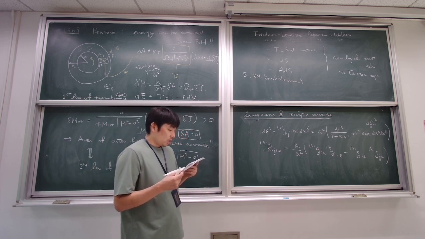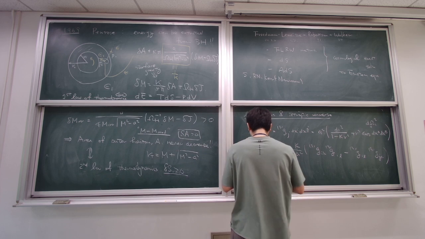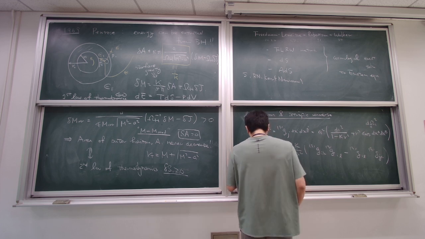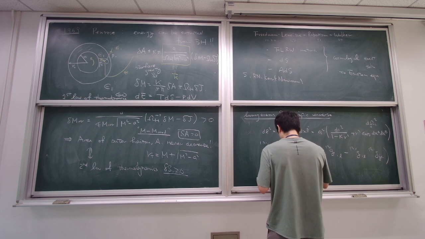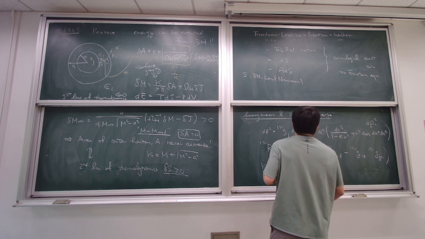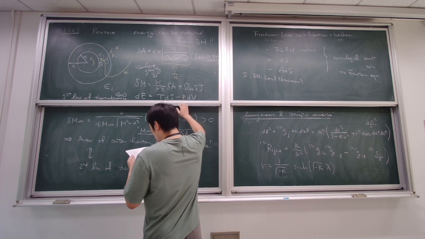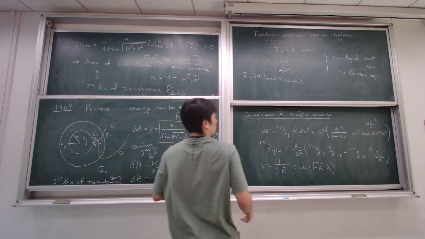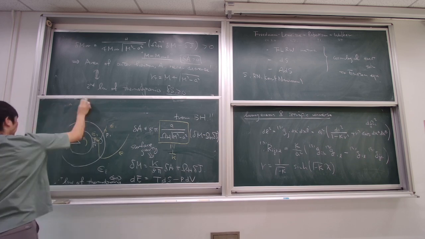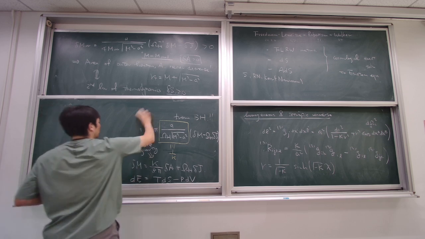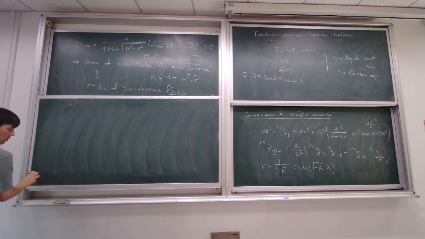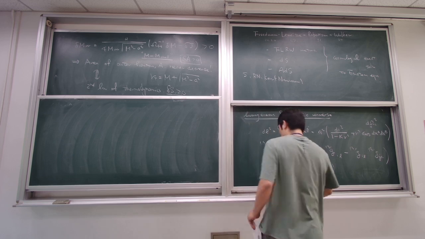Okay. And if you define a new coordinate, something like r equal to sinh of the square root of minus k times chi, then the metric can be written as follows.